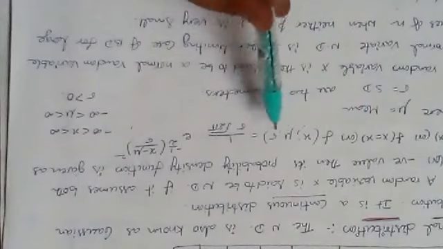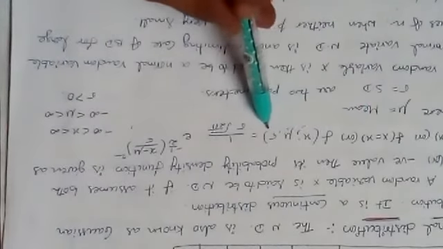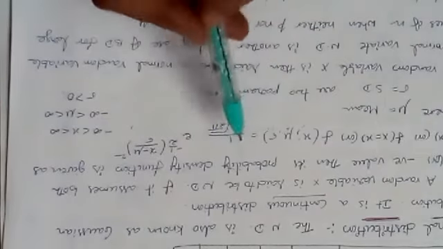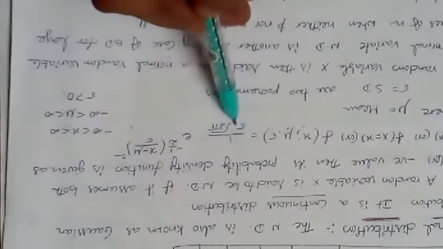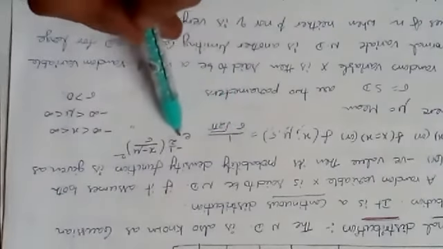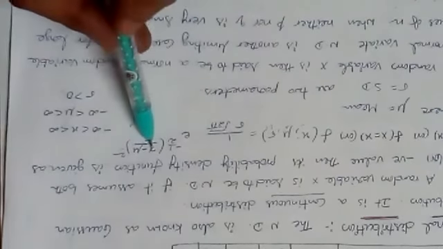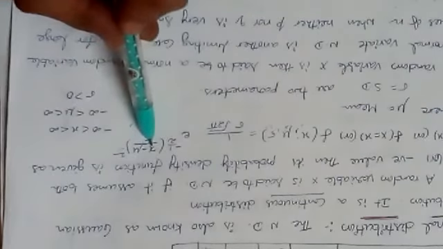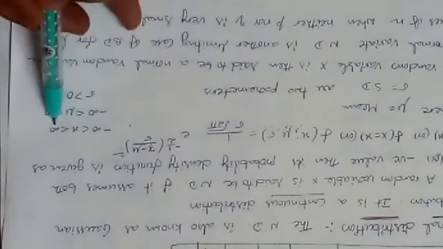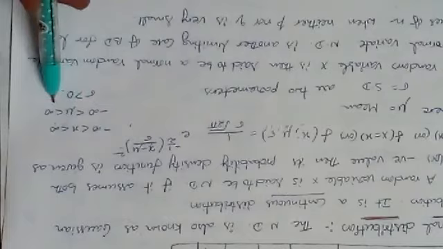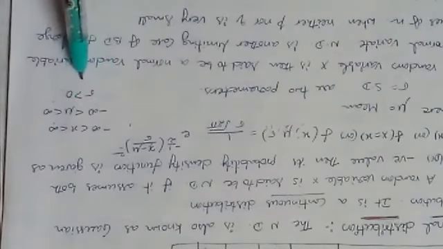So this normal distribution is based on this mu and sigma, the mean and SD, and that form is 1 by sigma root of 2 pi, e power minus 1 by 2 into (x minus mu by sigma) whole square, where x lies between minus infinity to infinity, and mu lies between minus infinity to infinity, and sigma is always greater than 0, that is positive.